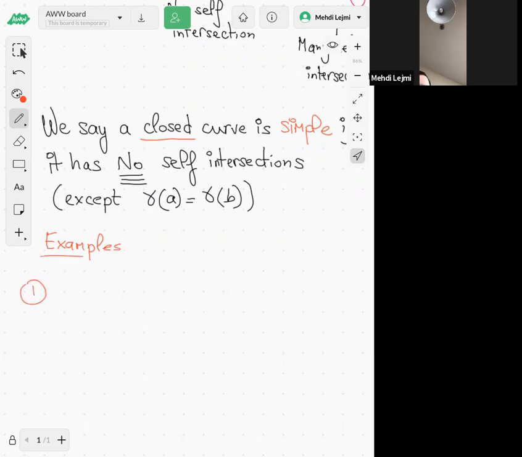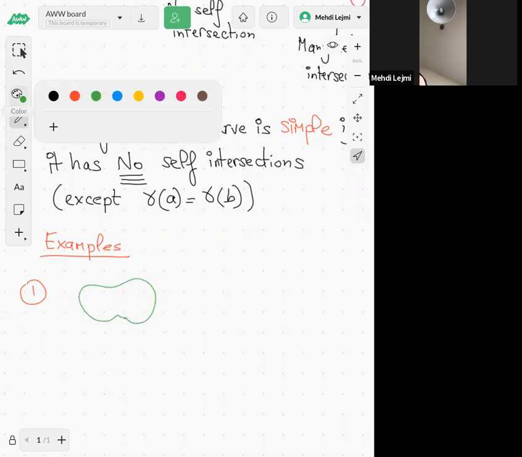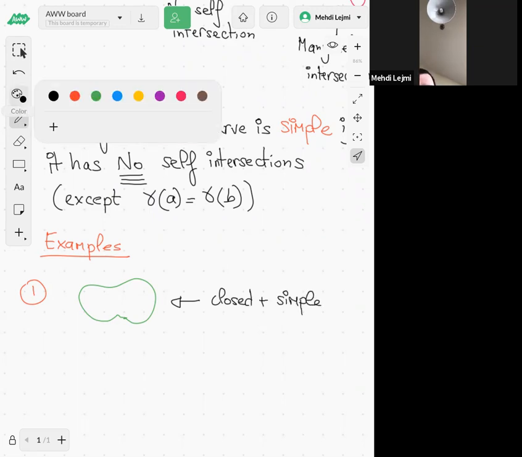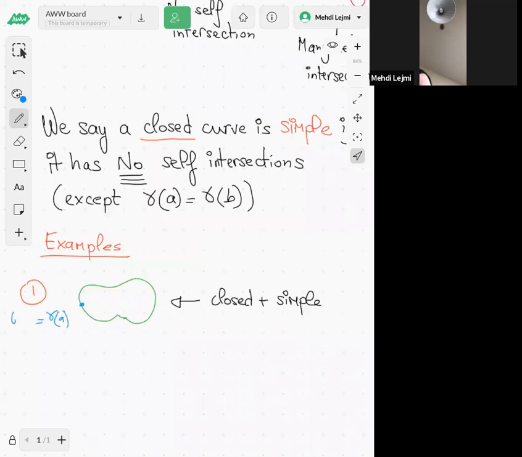Let's say you have this curve here. In this case, it's closed, obviously, and it's also simple. It has no self-intersection except, let's say this is gamma of A here, and that will be equal to gamma of B. So this curve is closed and simple.